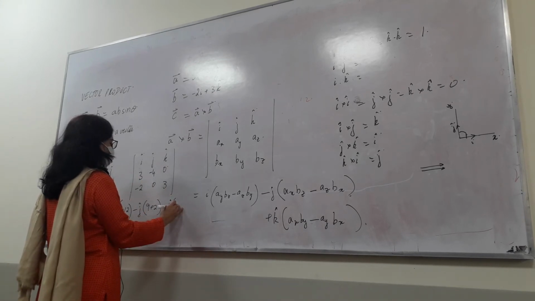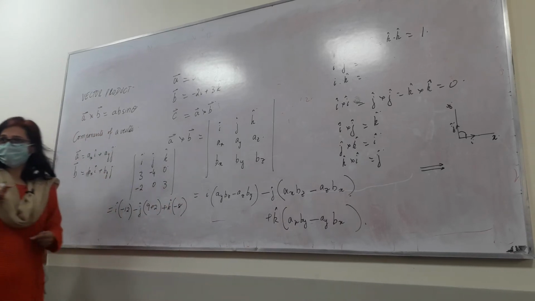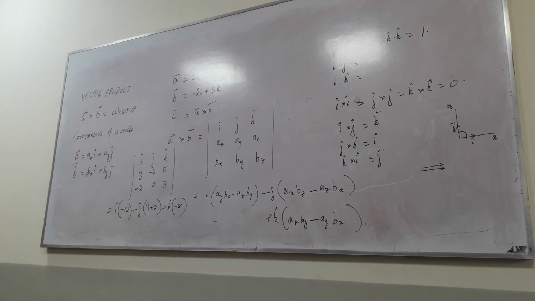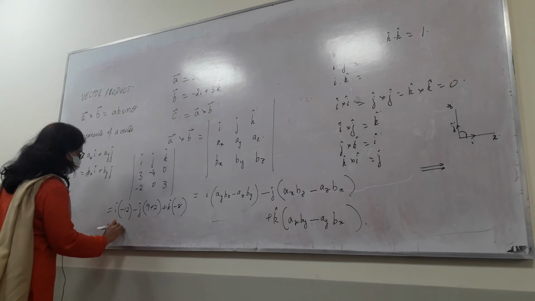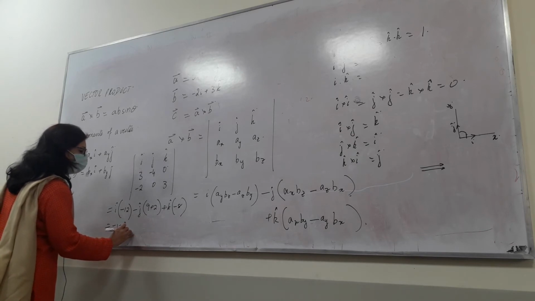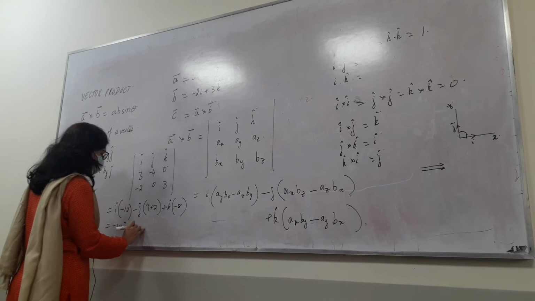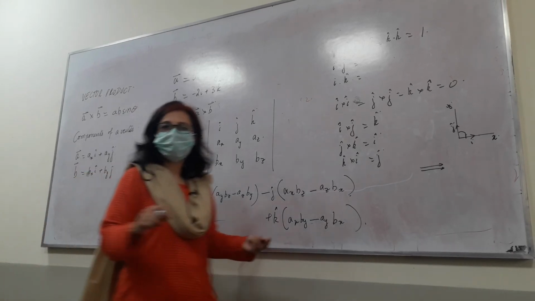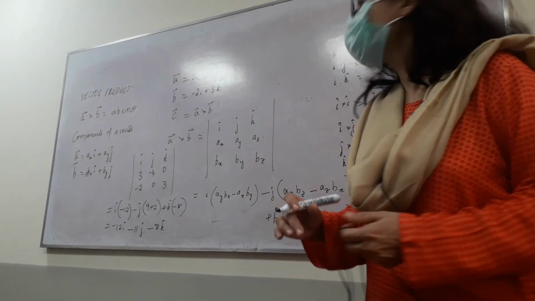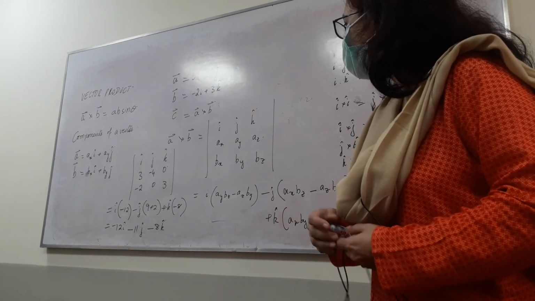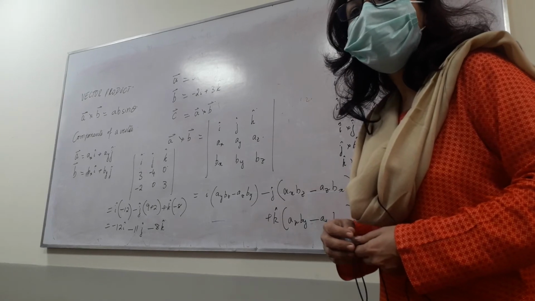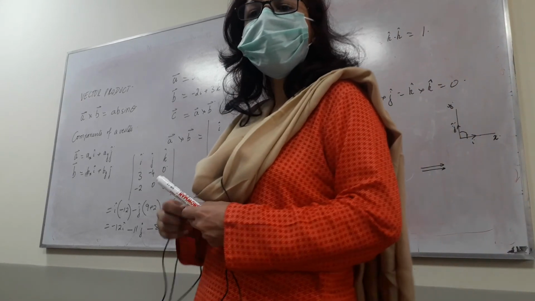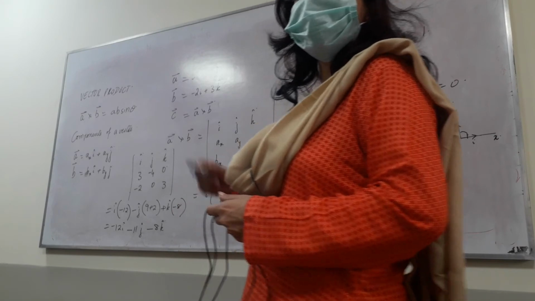So this is minus 8. Is this correct? Please check it along. Let's do it together so that we check if there's a mistake. So this should be minus 12i minus 11j minus 8k. Let's see what is the answer here. Minus 12i minus 9j and minus 8k. So we missed something here.